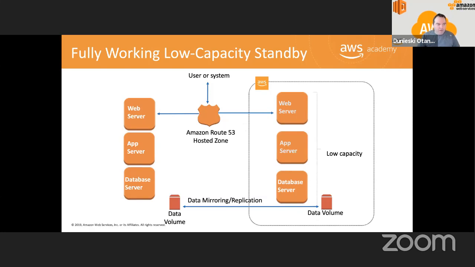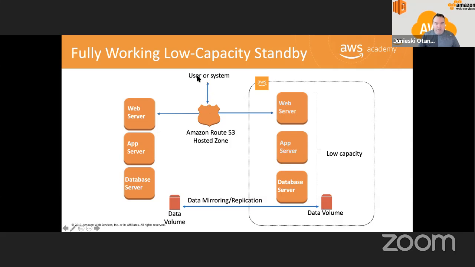Okay, so you have two running systems. The main system and the low capacity system. This is the main system, right? And this is the low capacity system, right? You can use Amazon Route 53. And of course, this is running on-premises and this is running in the cloud, right? You can use Route 53 to distribute requests between the main system and the cloud system.